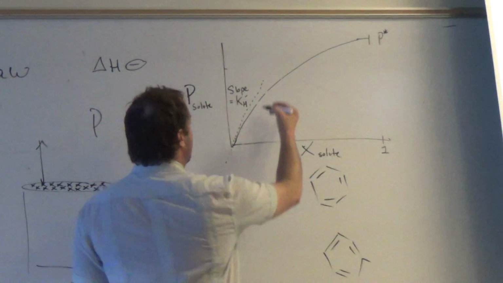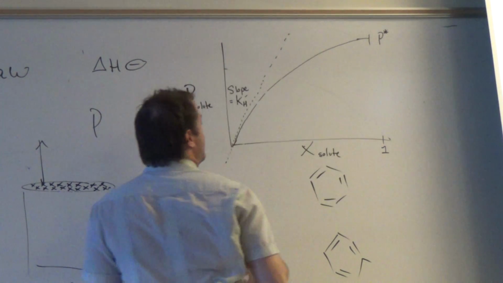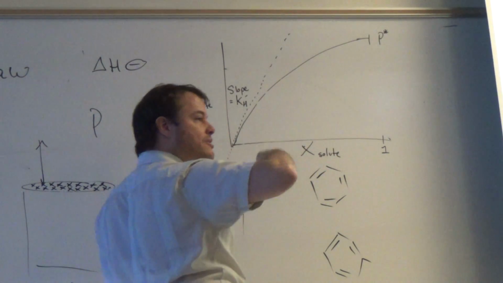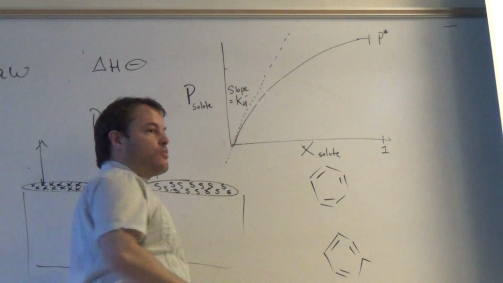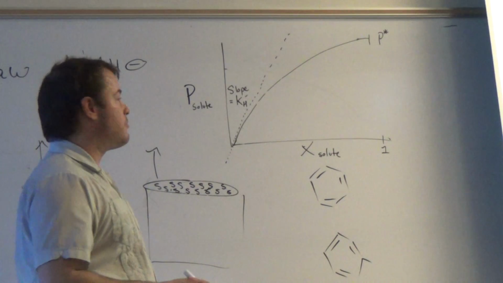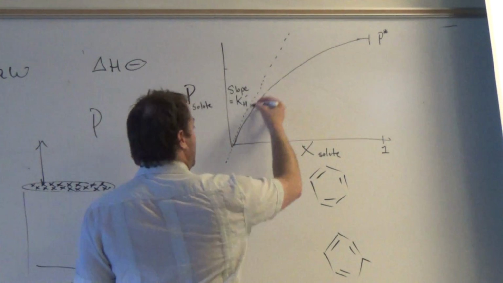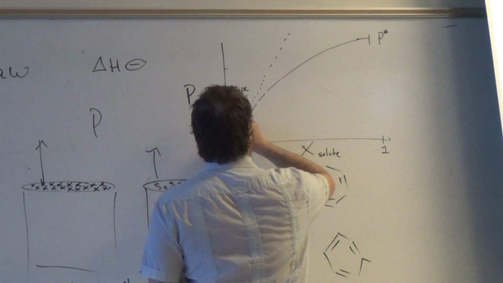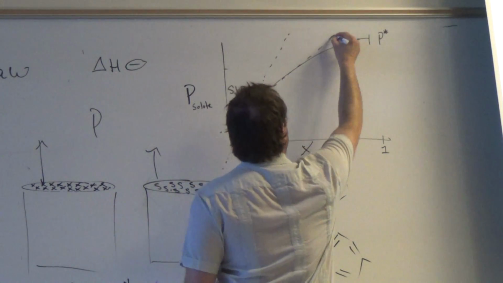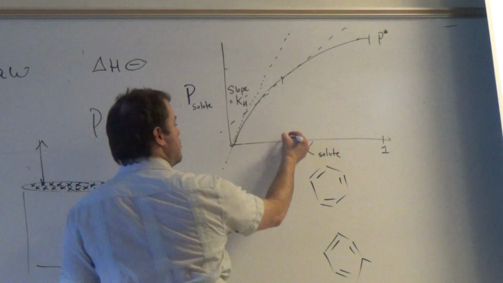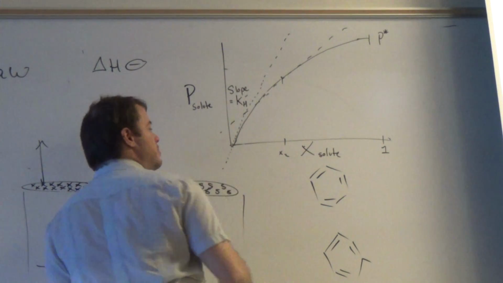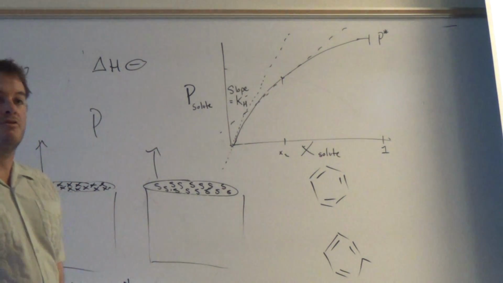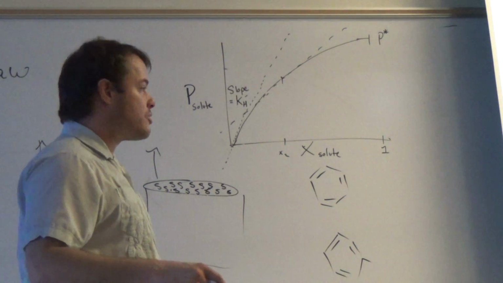But you can tell already that at mole fractions that are much larger than 0, this doesn't work out so well. Because obviously the slope of this curve here is different than the slope at some other mole fraction x2. So Henry's law only works for dilute solutions, dilute ideal solutions.